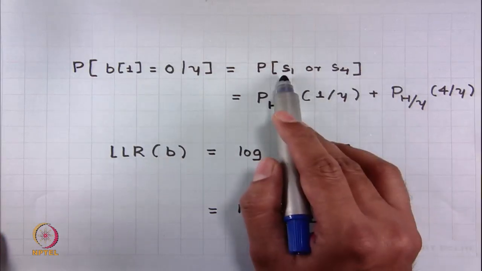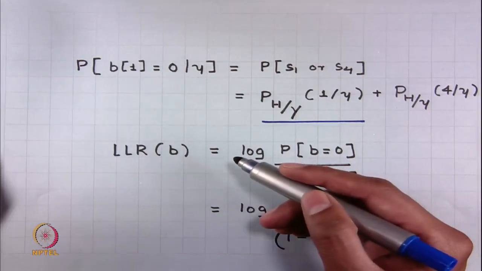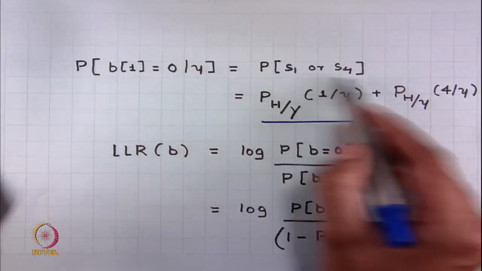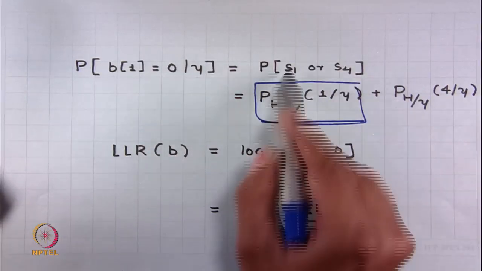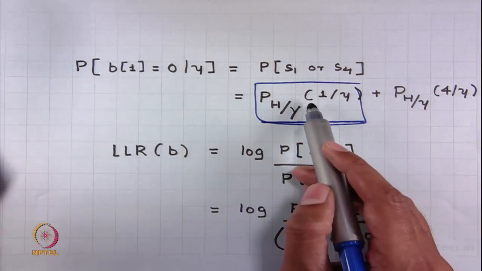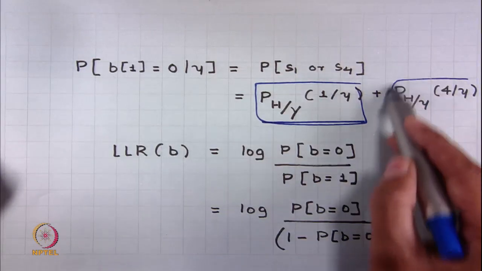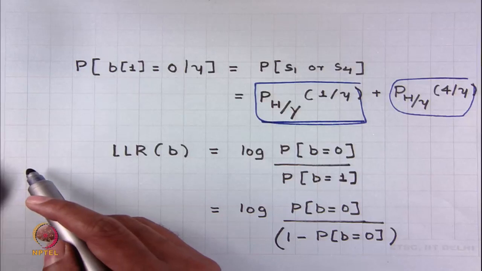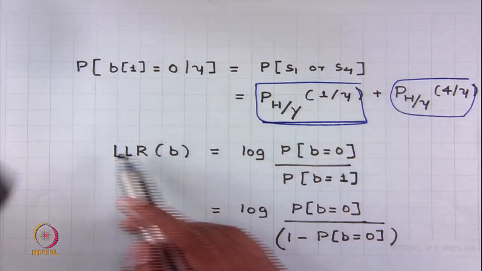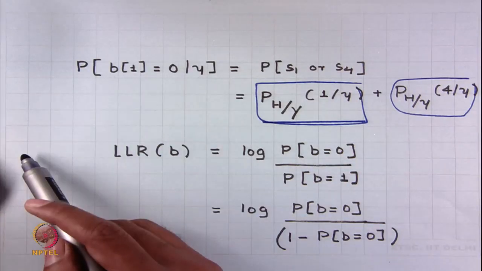And what is the probability of the signal being S1? This is the a posteriori probability of the signal being S1. So, we have to calculate the a posteriori probability of the signal being S1. We have calculated these a posteriori probabilities several times, okay, plus the a posteriori probability of the signal being S4. You sum up these two a posteriori probabilities, and you will get the probability of bit 1 being 0.